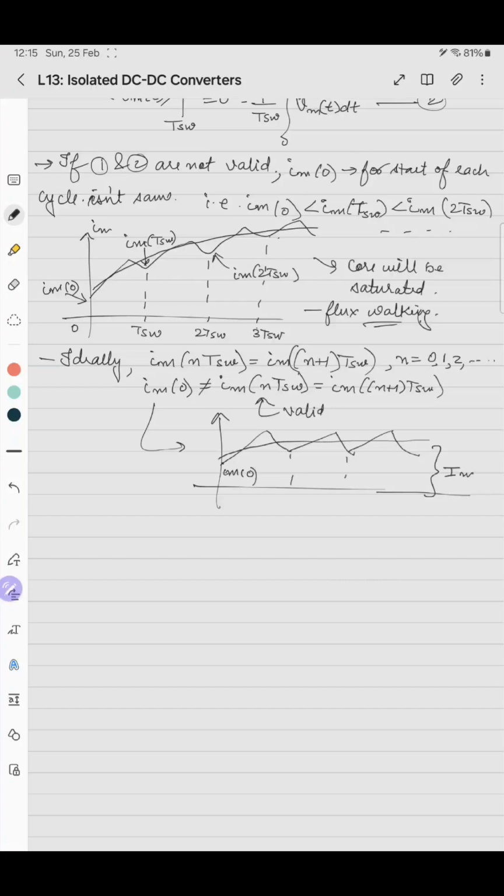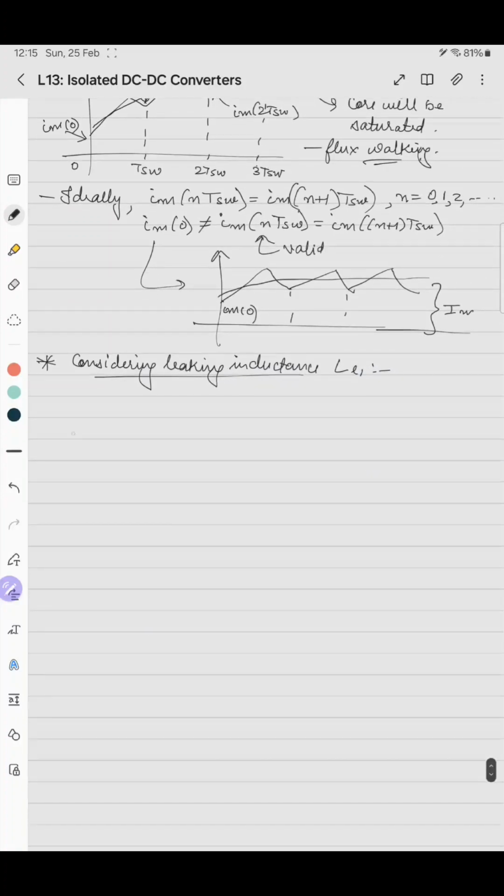So in this case we neglected the leakage inductance, but if we consider leakage inductance LL1, then it will be like this.